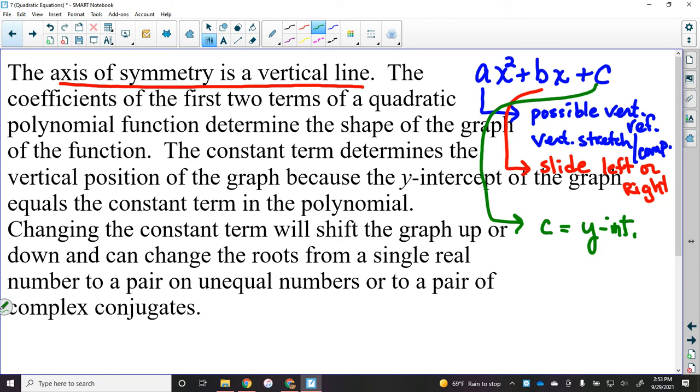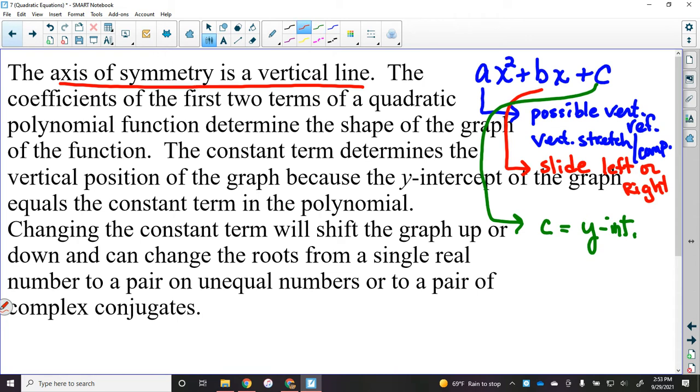Whatever the constant term is, that's where the parabola crosses the y-axis. Which is kind of nice to know. Because for most problems, isn't the y-intercept your starting point? Okay.